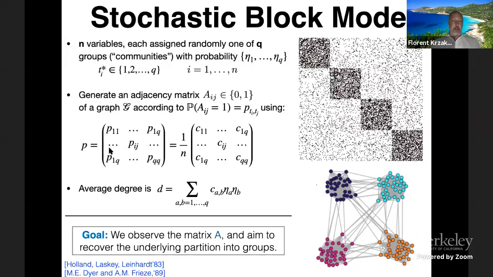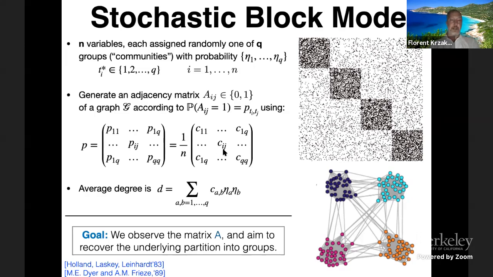Actually, it will be convenient not to work with this matrix, but instead with this rescaled one. I just divide by n, so c is just p times n, and I will work with this matrix instead.